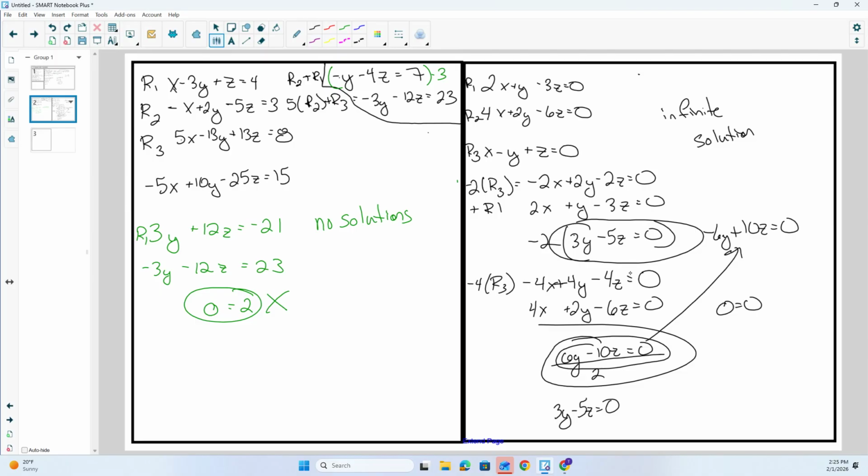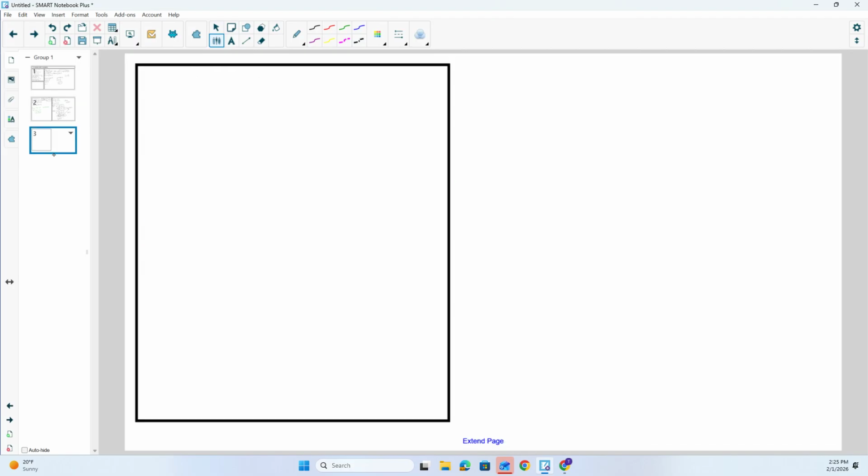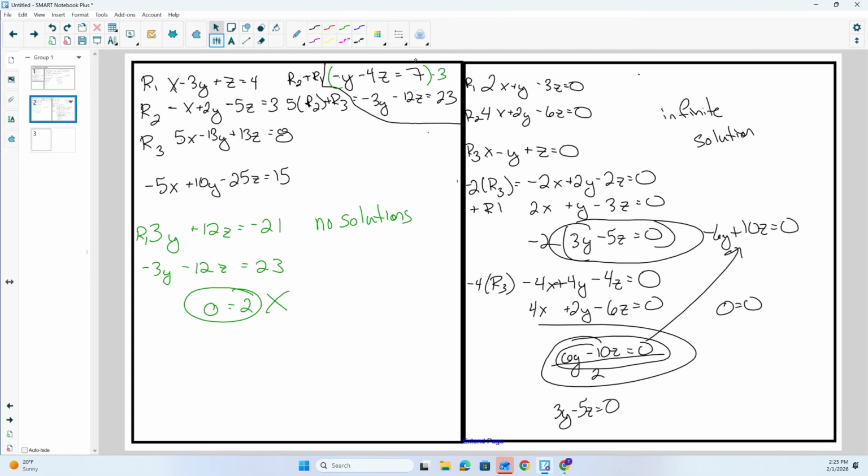Also, there's another idea. Let me go to the next page. I'm going to show you another possible thing that could have happened. Because you could have figured that out in one step if you were lucky.